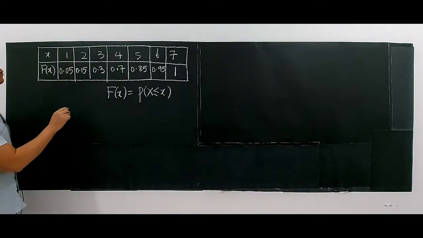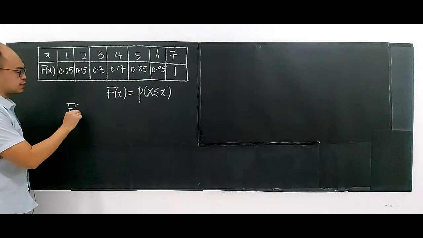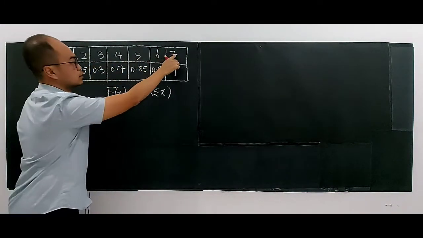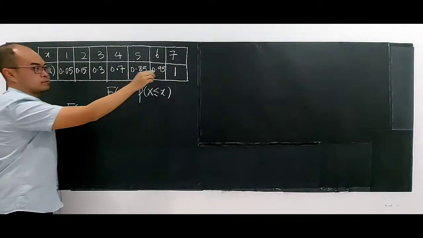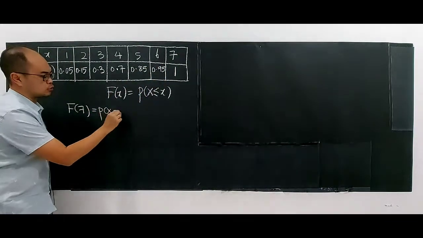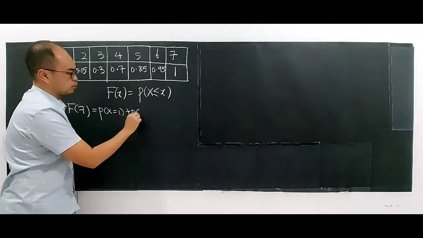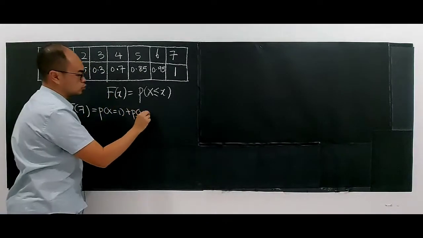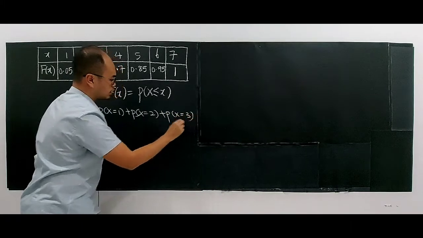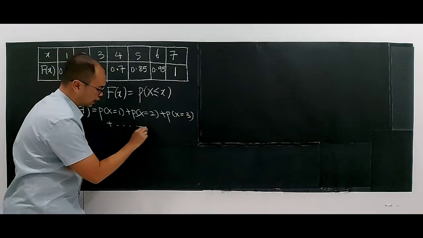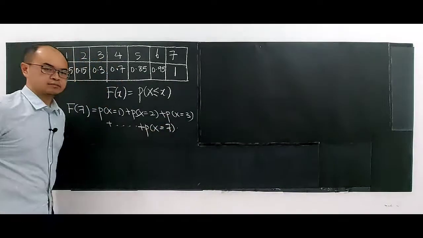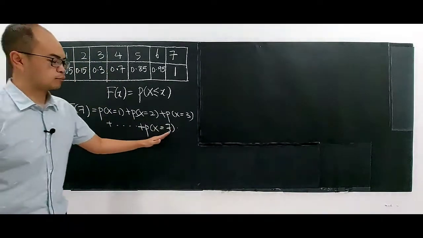Okay, what's the meaning here? For example, if I tell you F(7), right? F(7) will be 1. Why is it 1? Because F(7) consists of the probability of X equals 1, plus the probability of X equals 2, plus the probability of X equals 3, and so on up to the probability of X equals 7, right? From 1 up to 7.